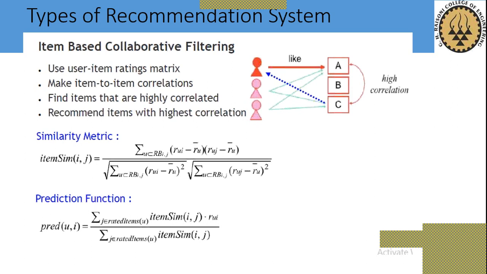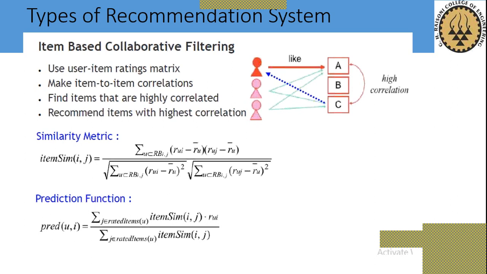It is the summation over j in the items rated by u of item similarity of i,j into rating of u,j, divided by the summation over j in the items rated by u of item similarity of i,j. Using this, we give the prediction to the user u.